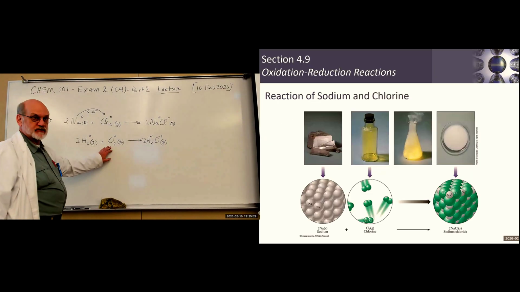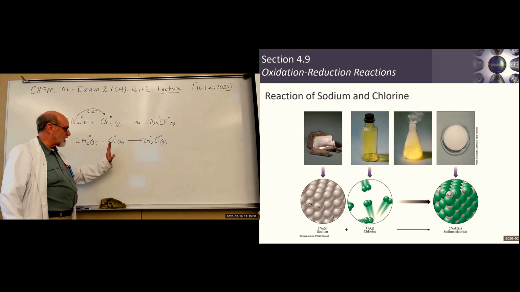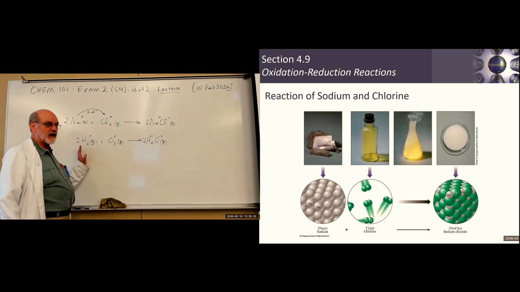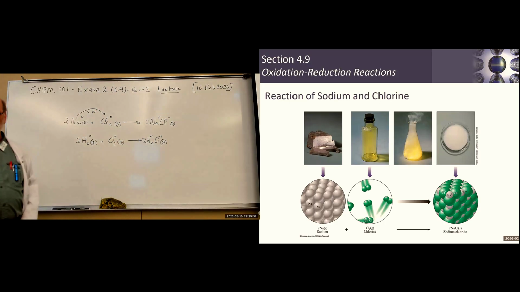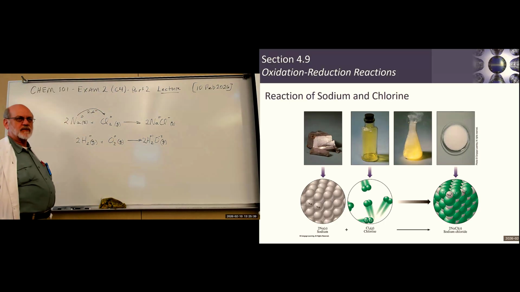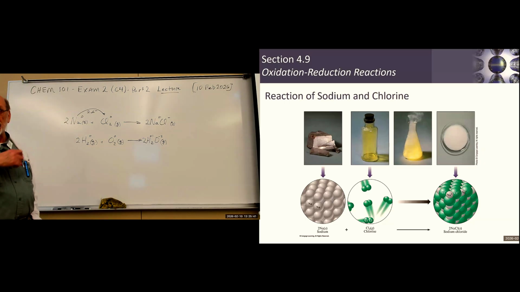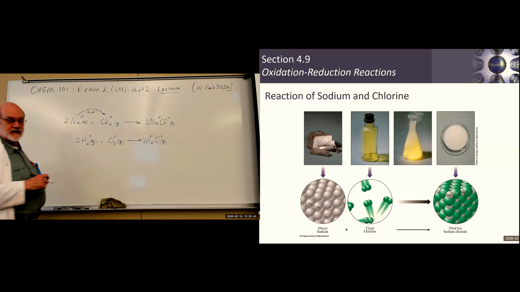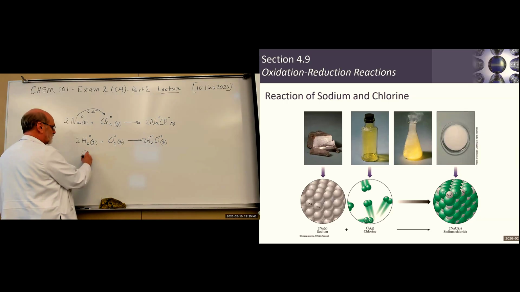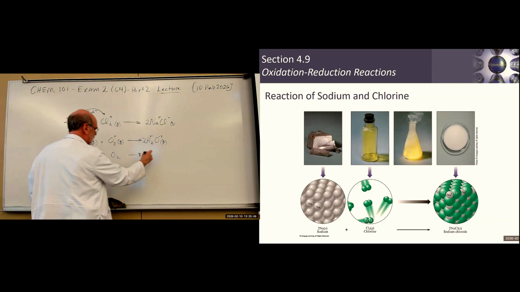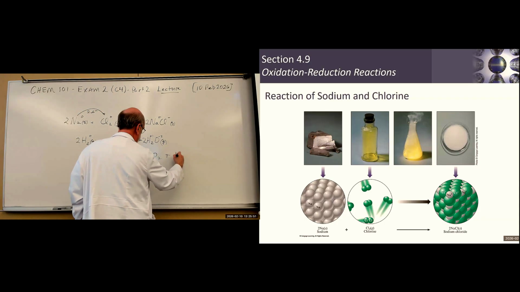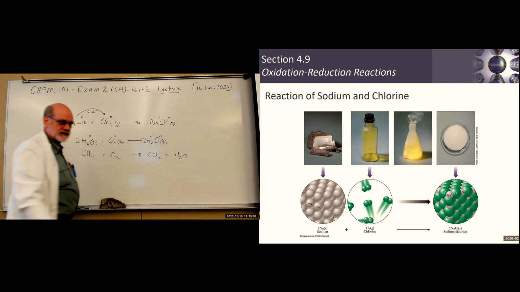This is also a combustion reaction. Anytime you have oxygen as an element combined with something else to give you a compound, that's a combustion. Right? We can combust methane, which we're going to do today in our Bunsen burners. Methane combined with oxygen would make carbon dioxide and water. That's not balanced, but that's what happens.